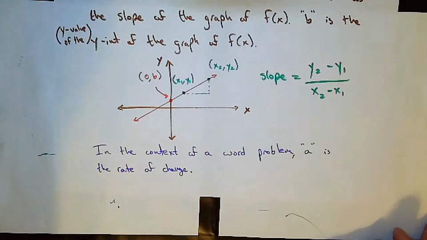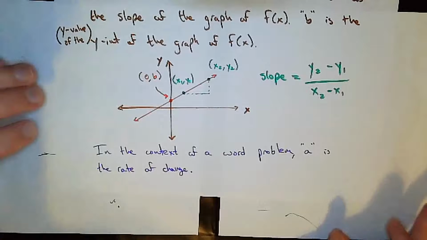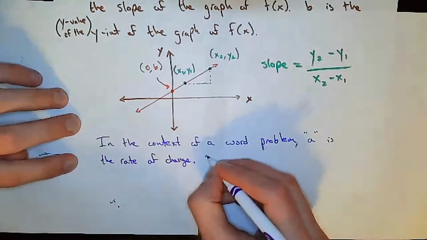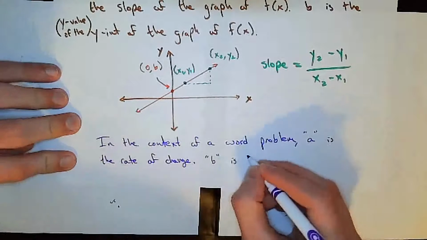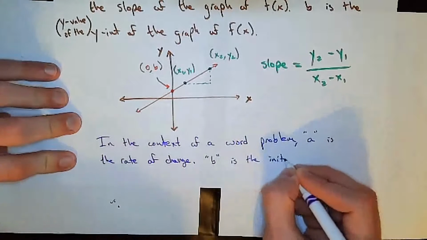Okay, that'll be more clear when we actually do some modeling problems. In the context of a word problem, b is the initial amount.